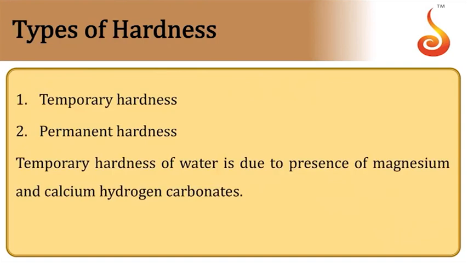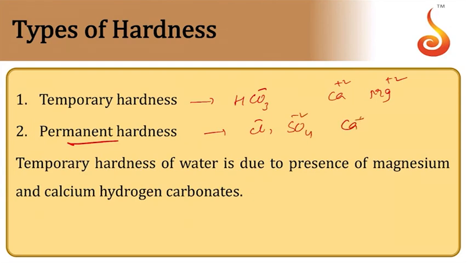Then come the different types of hardness and how to remove the hardness. Temporary hardness is basically because of bicarbonates of calcium and magnesium ions. Permanent hardness is because of chlorides and sulfates of calcium and magnesium ions.